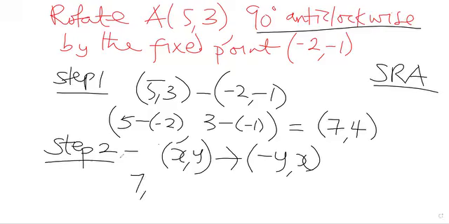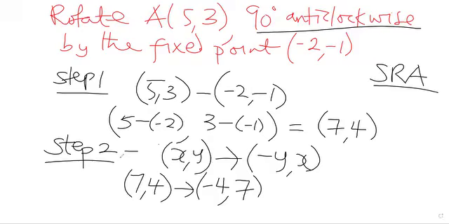So (7, 4) should become negative of the y, which is -4, comma, and then x is 7. That will follow after. So step two, (-4, 7) is our answer.